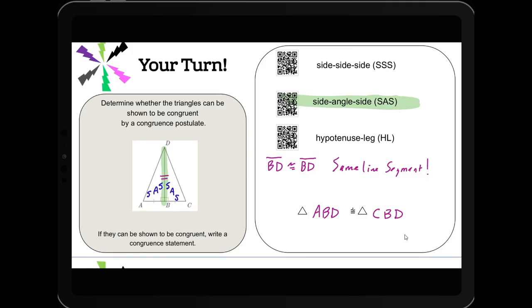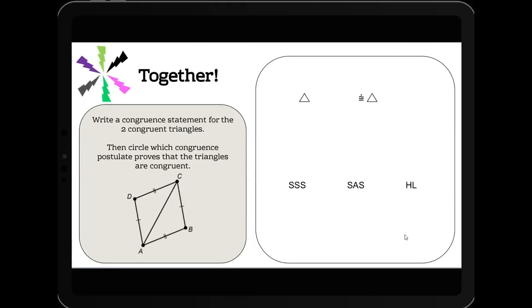Okay, and so for this one, we're going to go ahead and look at this example here. And right away, I can see that it shares a side with both triangles. That is just a side length, so that's going to be a third side. And I have side, side, side. So I see that side, side, side is the congruence postulate that we would use. And if I want to identify what's congruent to what, I want to be very, very careful here.